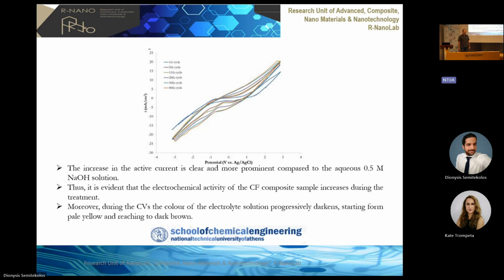We also observed that during the treatment the sulfuric acid solution we used progressively darkened. We started with a solution that was colorless, then during the treatment it became pale yellow, and at the end it was dark brown.